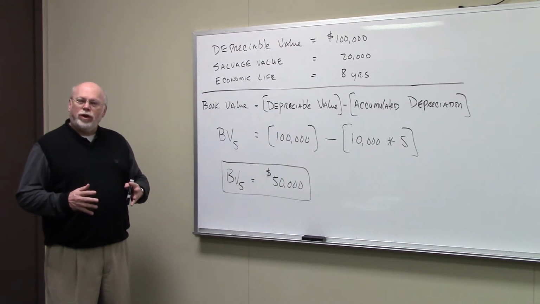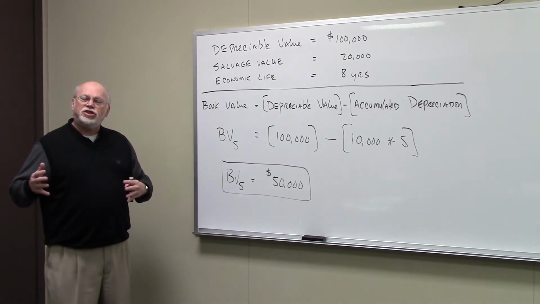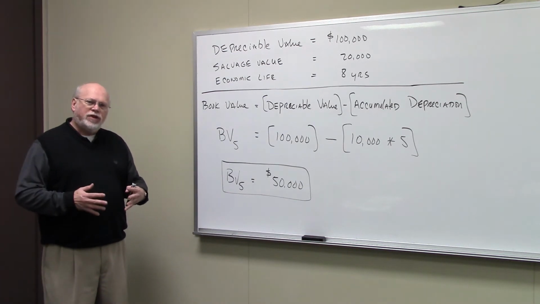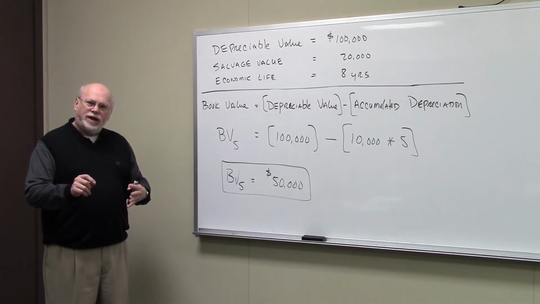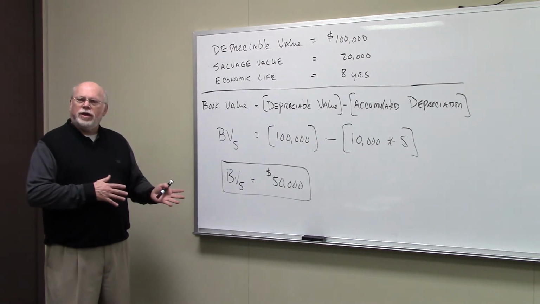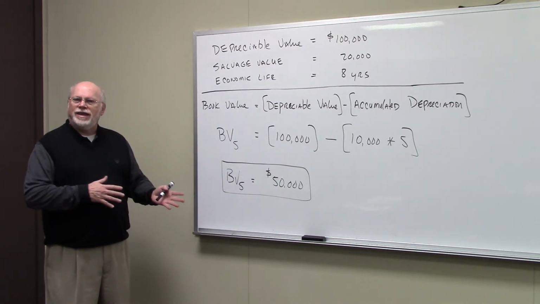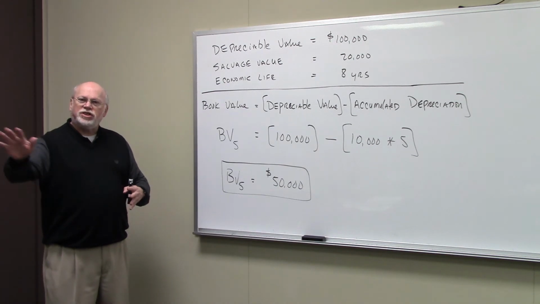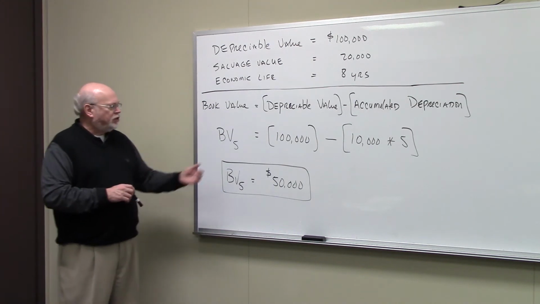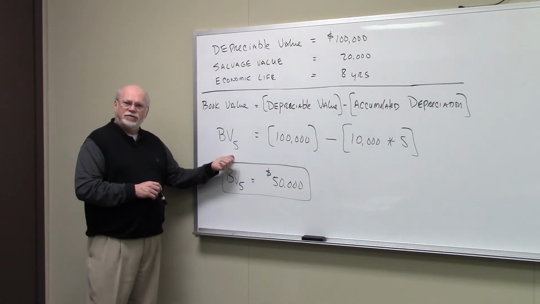That means at that point in time, what's the total, the sum of all the depreciation expense that you've taken on the asset. So when you look at book value, you really do it at a point in time. And in our little example, we're going to assume that we need to know the book value at the end of 5 years. We're going to sell the asset and we need to calculate the book value of the asset after 5 years.